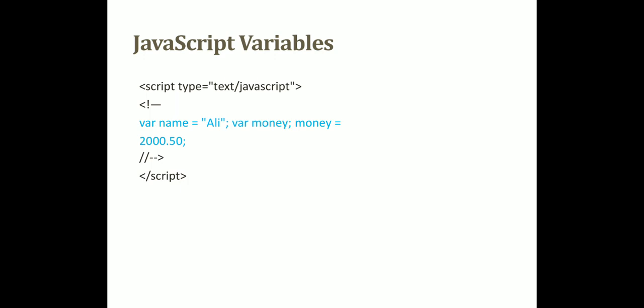So this is the JavaScript variable example. It can hold a string or a number as well. You have defined the variable money, and the money value, 2000.50, is also defined with the money variable.